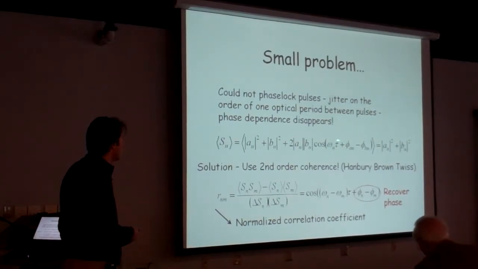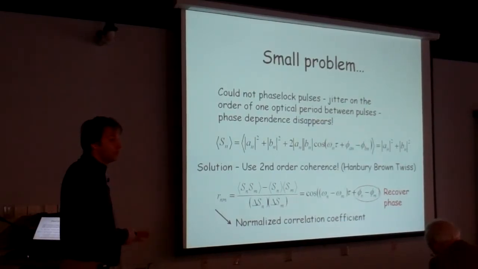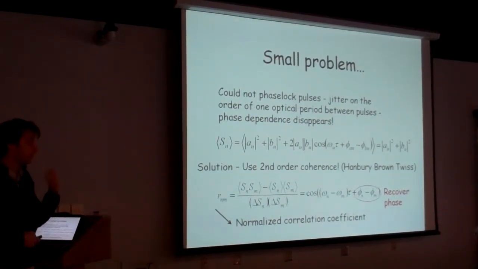If this time delay is not defined well enough to within one optical period, this cosine function averages to 0, and then there's no interference at all in the total average measurement.